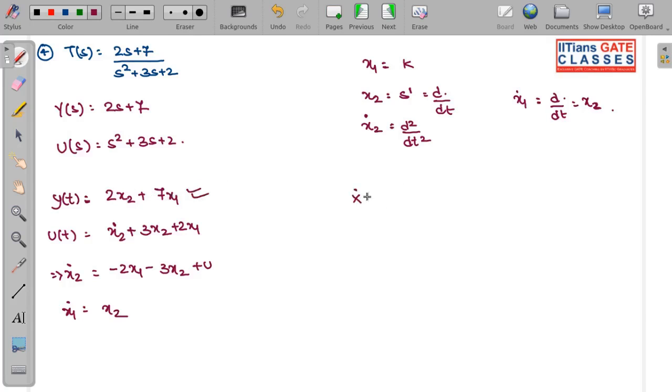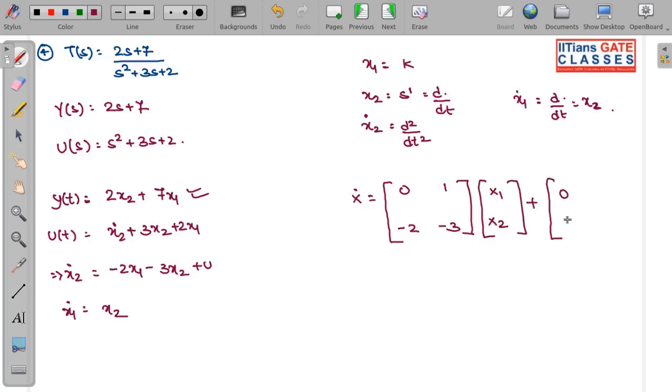So I can form the state variable model. It will look something like [0 1; -2 -3] times [x1 x2] plus [0 1] u, and y is equal to [7 2] times [x1 x2].